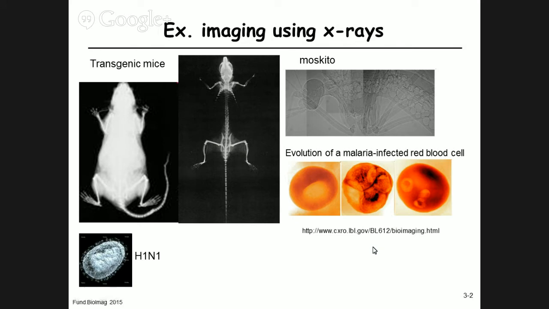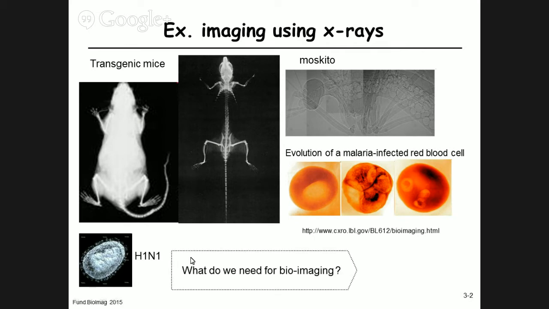Or even going further down to smaller cells, this is a virus, the H1N1 virus for the flu. Now, at this resolution, you start to see the structure of the cell surface, and here, particularly, its receptors with which it connects. So what do we need for bioimaging?